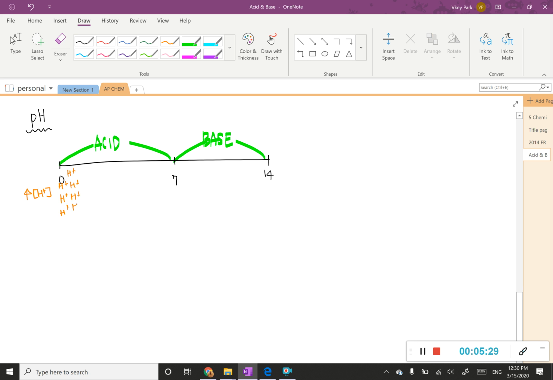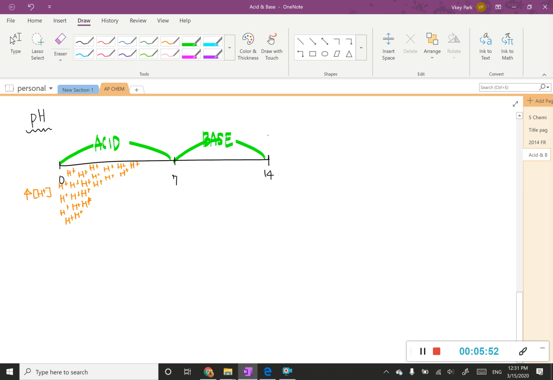As you go, you start losing these H pluses, which means it's becoming a weaker acid. So you have more H pluses closer to 0 and less H pluses closer to 14.